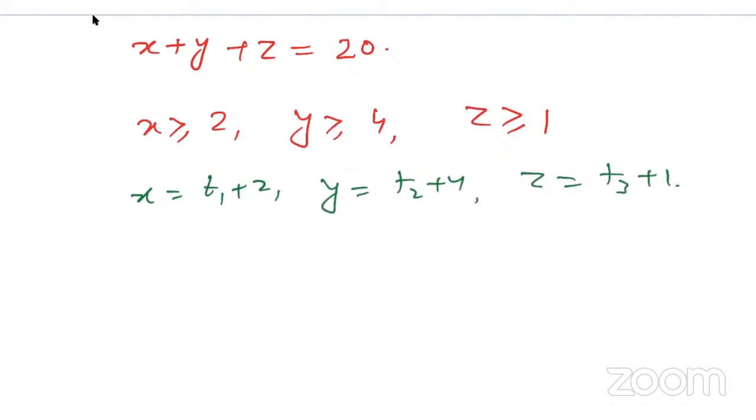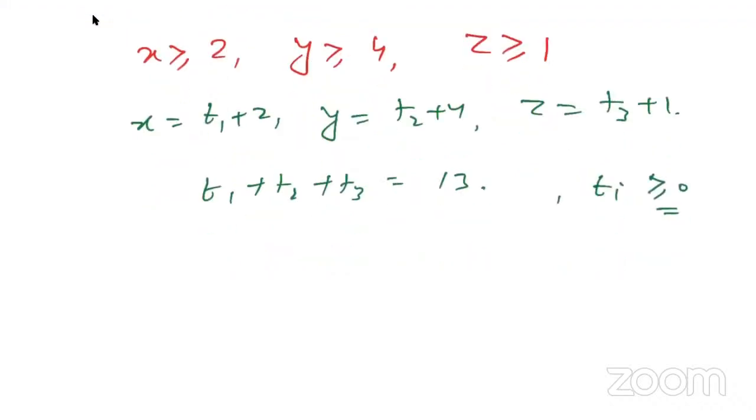If I write this, then t1 plus t2 plus t3 is, 4 and 2 is 6, 7 is 13. Now any ti is greater than or equal to 0, the whole numbers. So directly you can use this: 13 plus 3, 16, 15C2. Is it okay?